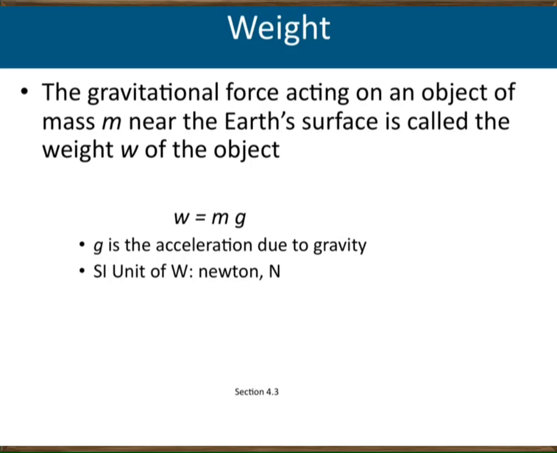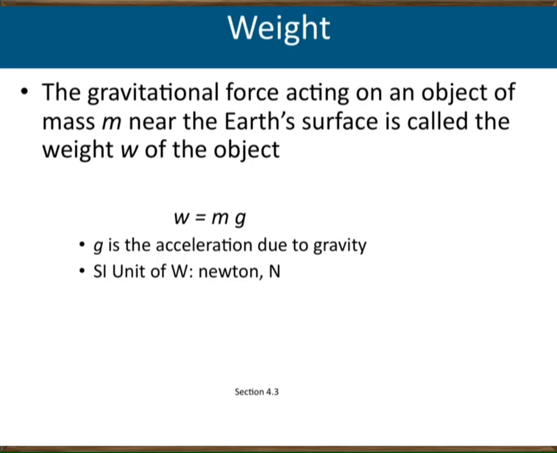Another type of force which is important in our daily life is the weight. And the weight is, as I said, nothing but the force applied by the Earth on the objects on the surface of the Earth.